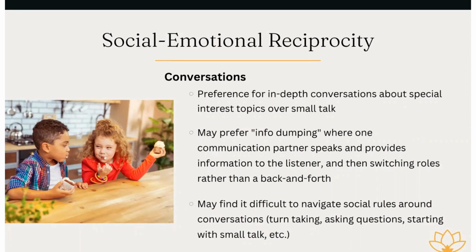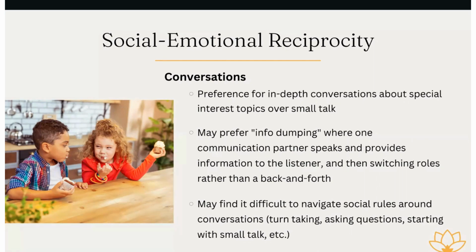A term for this in the neurodivergent community is info dumping. So they prefer to just give all of the information that they have on a topic and discuss it in depth, where one person is speaking almost like a monologue, and then the communication partner takes a turn.